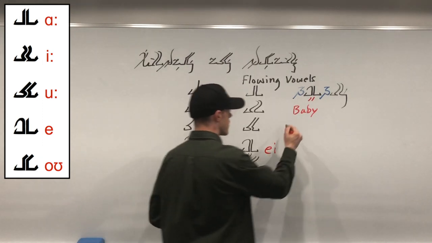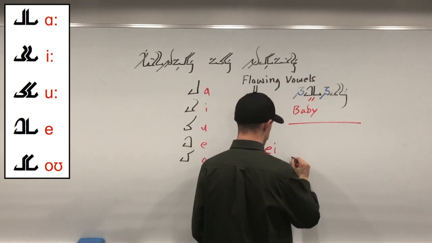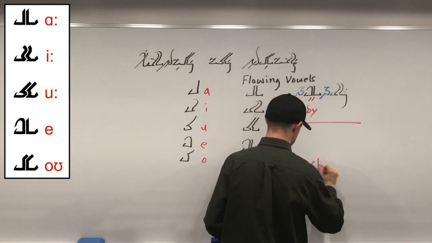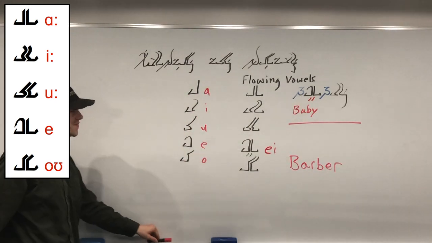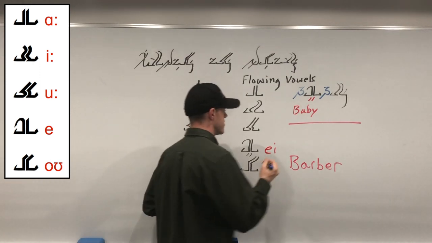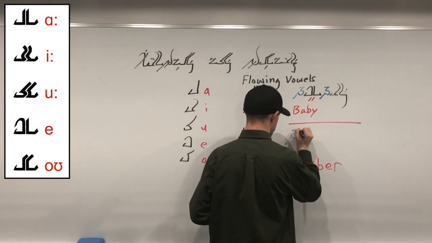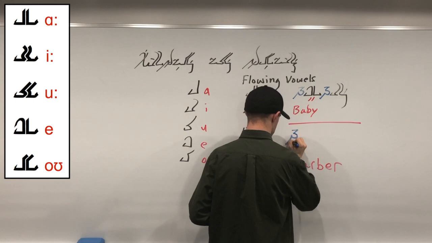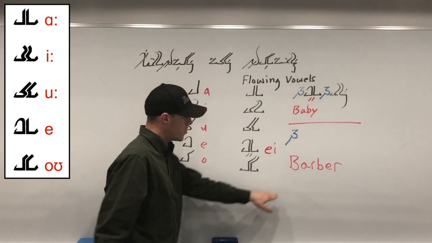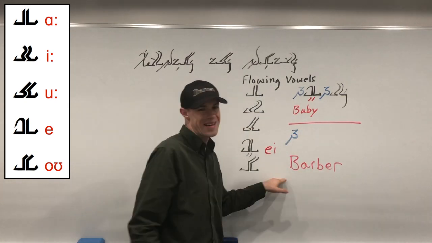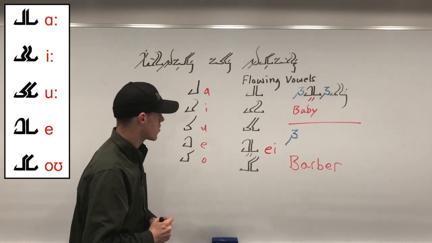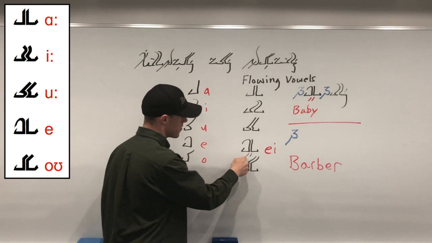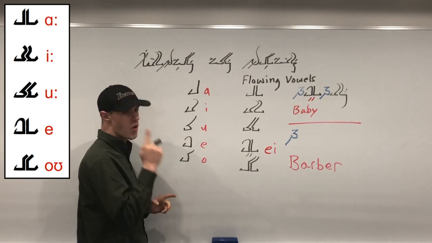Now, the next word I want to write is barber. For example, someone who cuts someone's hair. So again, using the same consonant B here. Now we have a new sound that I haven't introduced before, and that is the R sound. Well, in Nortish, I can put, instead of 2 lines underneath a vowel, 1 line.